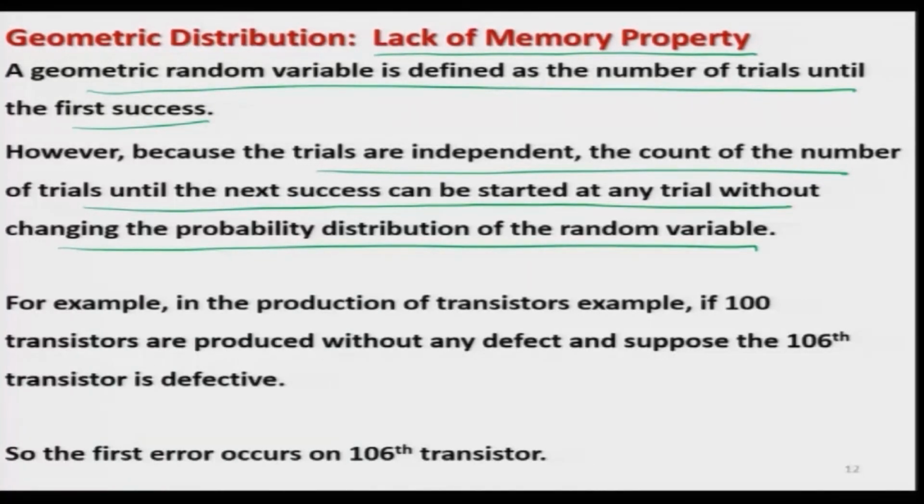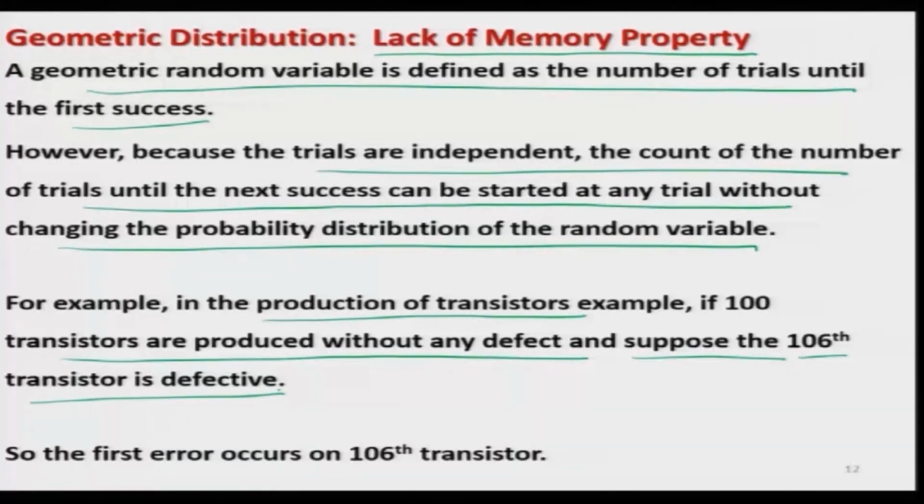For example, in the production of transistors, suppose 100 transistors are produced without any defect, and suppose the 106th transistor is defective. So, the first error is occurring at the 106th transistor.